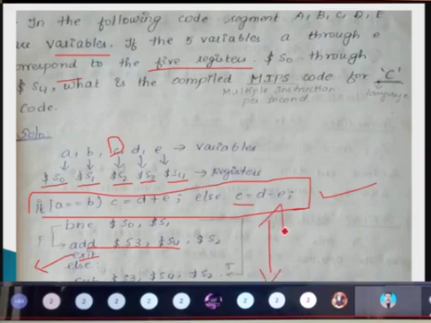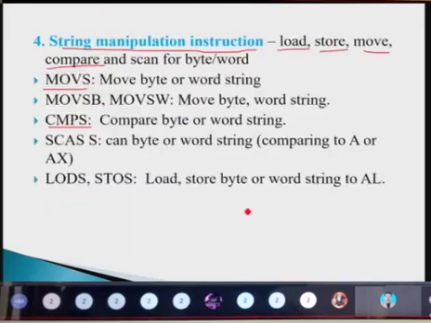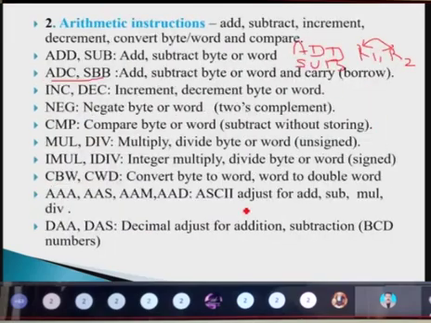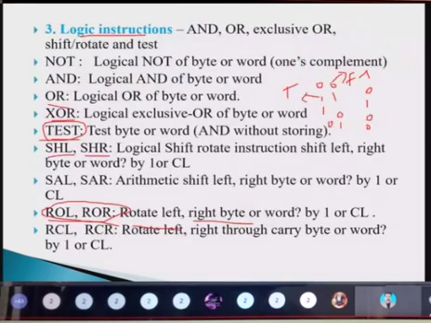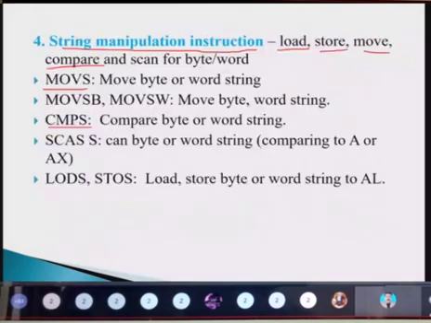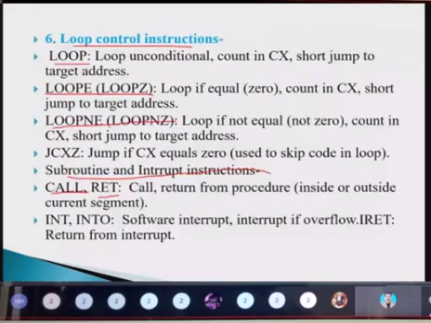We saw one example. So these are the machine instructions, add, sub, all those machine instructions we saw previously. Mostly arithmetic instructions like move, add, sub, we'll be using mostly.